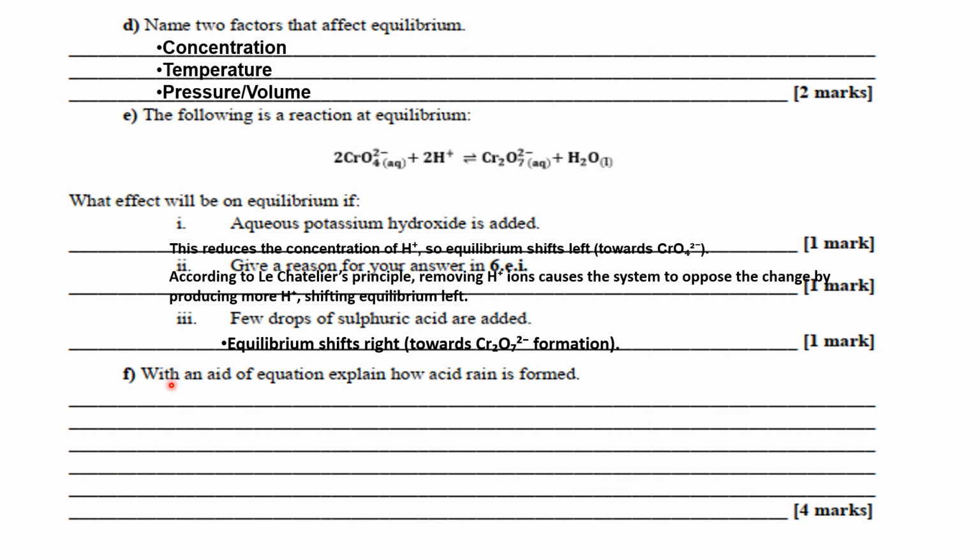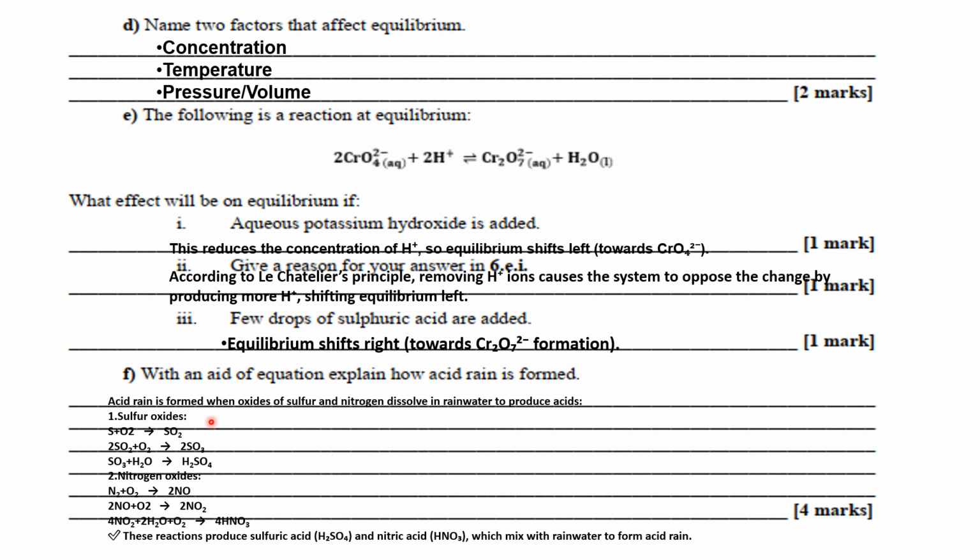With the aid of an equation, explain how acid rain is formed. Acid rain. Remember, acid rain is formed in the atmosphere. When water reacts with some species in the atmosphere, the species would lead to formation of acid rain, which has got catastrophic effects on the environment.